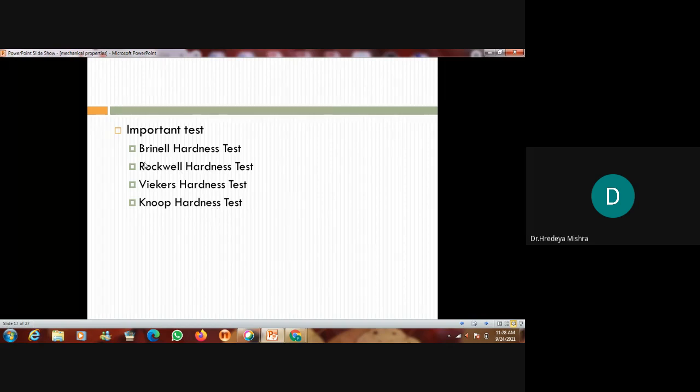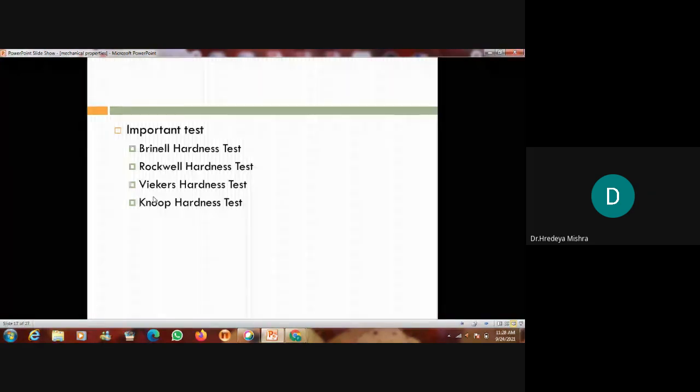Why are these names there? Brinell, Rockwell, Vickers and Knoop, because these people invented this type of machine to test the hardness.